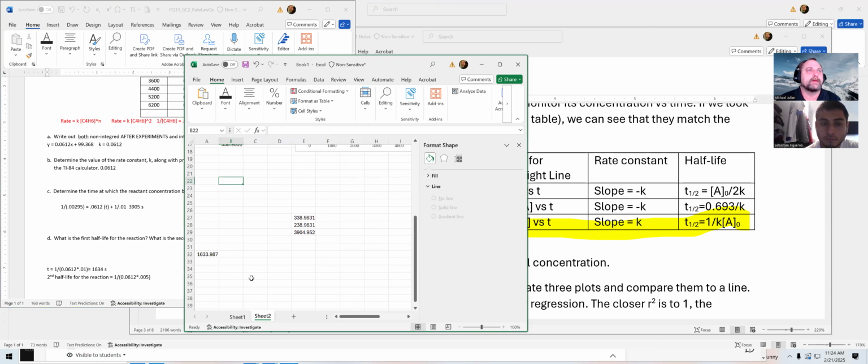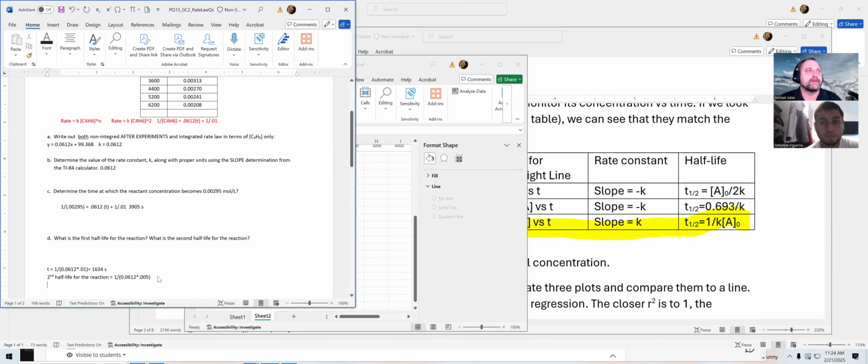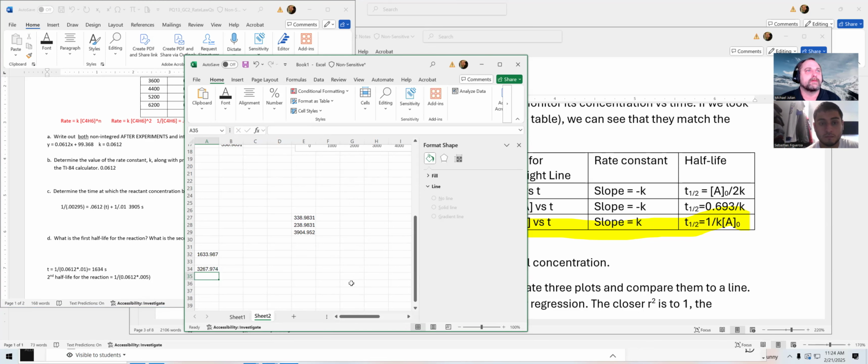And so I could certainly type that in as being 1 divided by 0.0612 times 0.005. And it says that's going to take 3268.